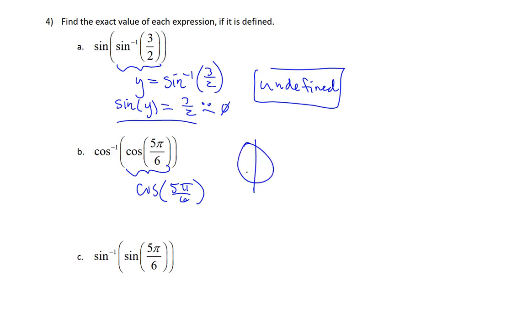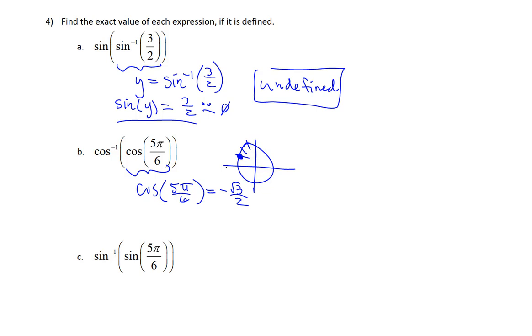If you go back to the unit circle, 5 pi over 6 is in quadrant 2. So if you imagine your 3 special places, 5 pi over 6 is the one in quadrant 2 that's closest to the x-axis. And we know what the cosine value is there. It would be negative root 3 over 2. So that's just, again, directly from the unit circle, nothing magical there.